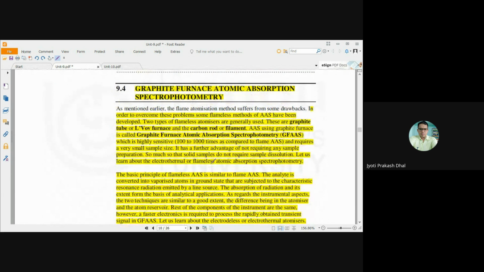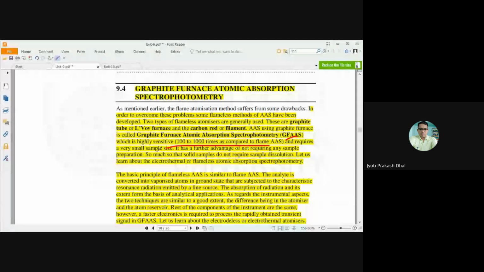Now coming to the next spectral technique, that is graphite furnace atomic absorption spectrometry. In this, the analyte will undergo atomization in the presence of a graphite furnace. This is called graphite furnace atomic absorption spectroscopy, GFAAS, which is highly sensitive, around 10 to 1000 times as compared to that of flame AAS, and requires a very small sample.